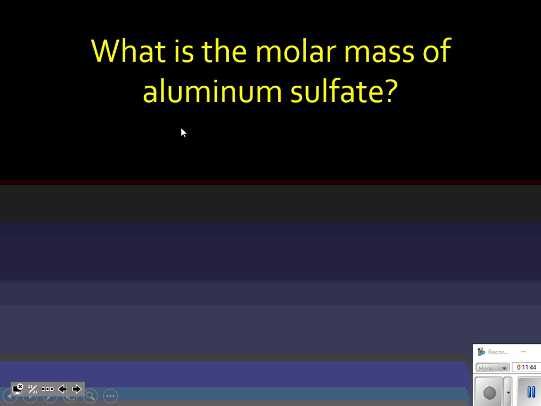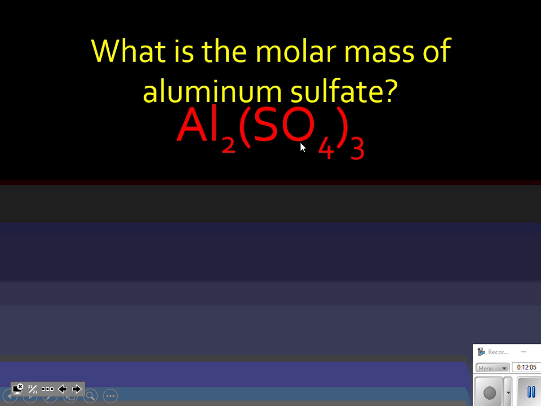My formula for aluminum sulfate, Al2(SO4)3. So I have 3 of these sulfate polyatomic ions.